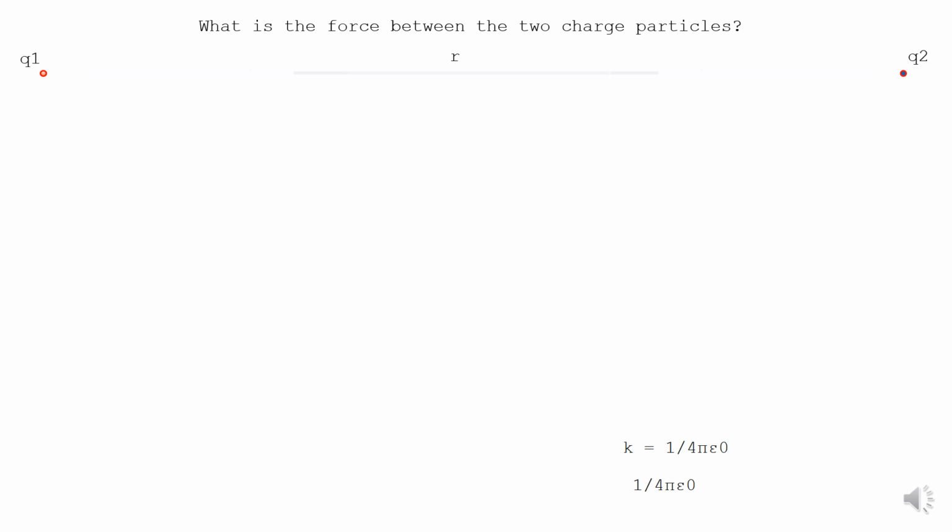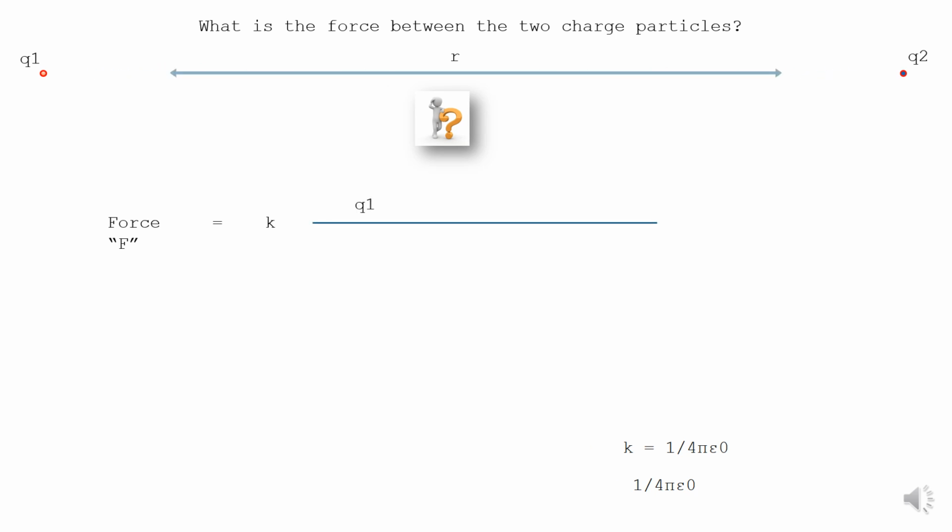The simple question is, we have two charged bodies with a distance R. What is supposed to be the force between the two charged particles? The force F between the two charged particles is directly proportional to K, an arbitrary constant, multiplied by Q1 into Q2, the charges of the two bodies, and it is inversely proportional to the square of the distance.